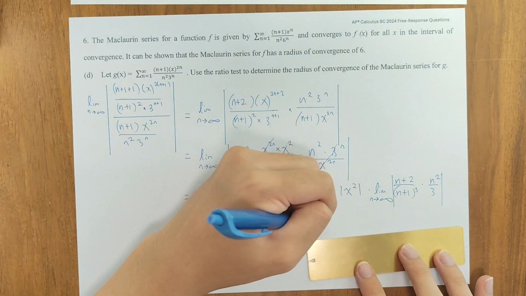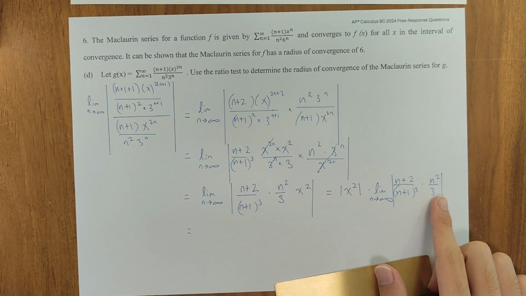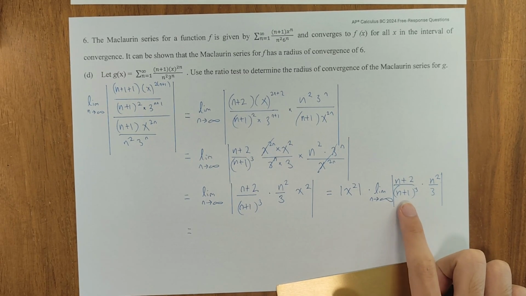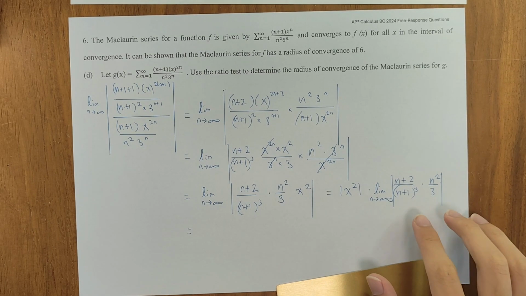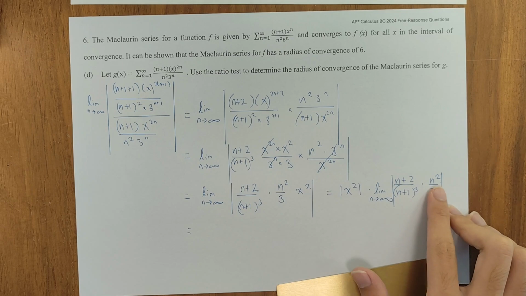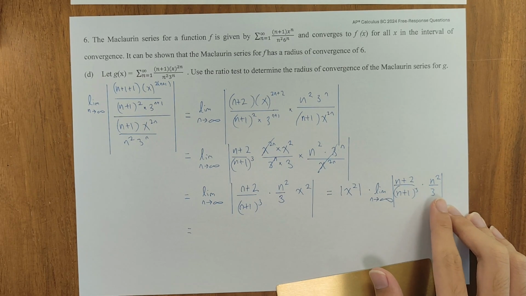Let's deal with this limit first. As n approaches infinity, n gets very large, so the 2 and the 1 are insignificant. We can view this as n times n squared over n cubed times 3.